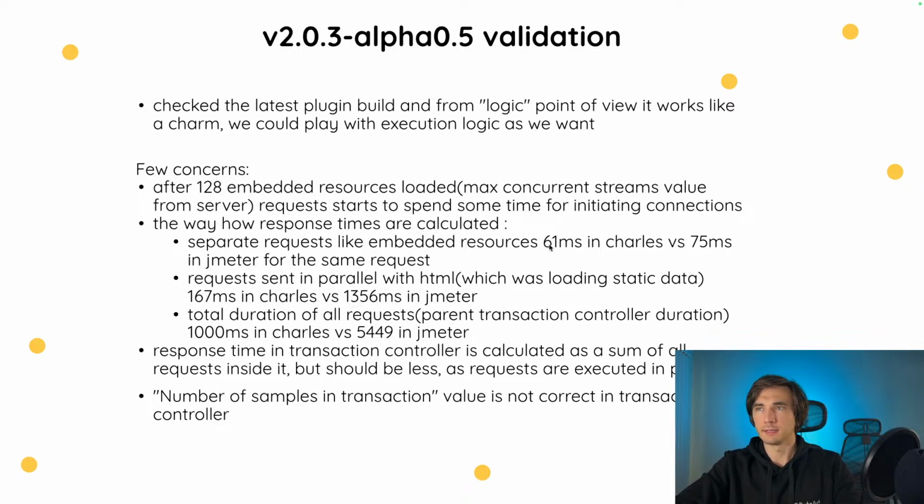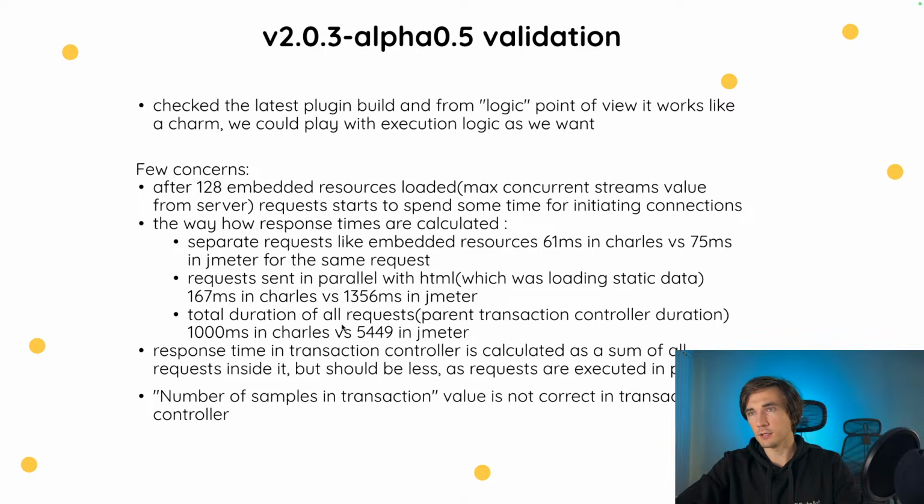So 60 milliseconds versus 75 milliseconds, we can just say it's some extra overhead from the profiler or from JMeter or whatever. It's a small difference, but 167 milliseconds versus 1.3 seconds is quite a significant difference.